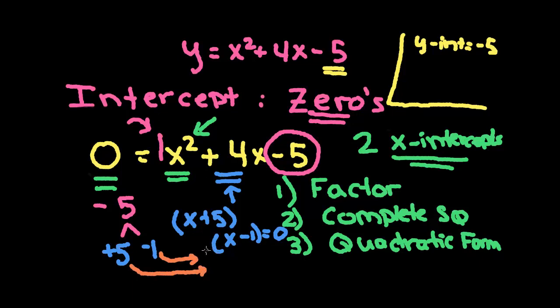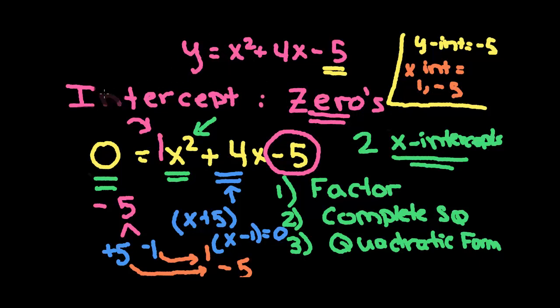So since this is a -1, one of our x-intercepts is going to be a +1. And since this is a +5, the other x-intercept is going to be a -5. So now we have found our 2 x-intercepts. Our x-intercepts are +1 and -5.